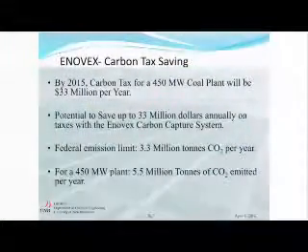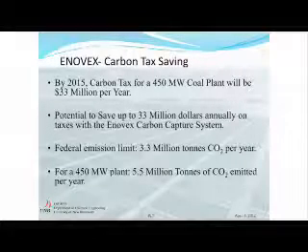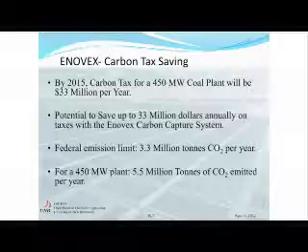The reason why we are proposing to reuse carbon dioxide is because by the year 2015, it is expected that a legislation would be passed at federal level where carbon dioxide emissions for a plant of similar nature would be capped at about 3.3 million tons a year.